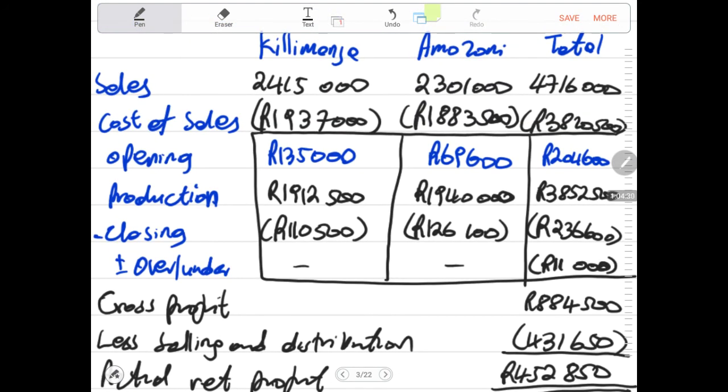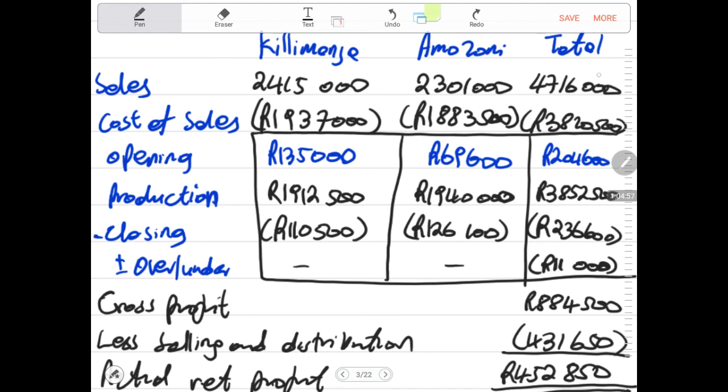Just one thing to highlight, remember in this case, this is over or under applied recovery, or absorption cost. The 11,000 is under applied. And we know that when we have under applied, that means we must increase the cost of sales. And increase in the cost of sales will reduce our gross profit.